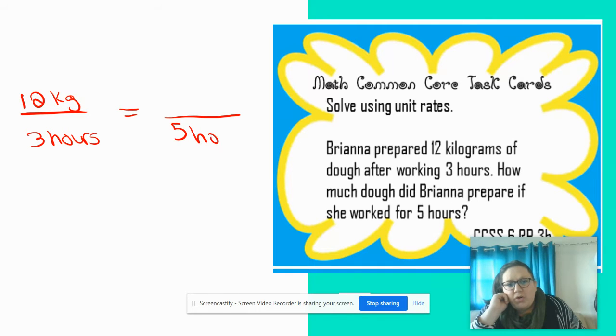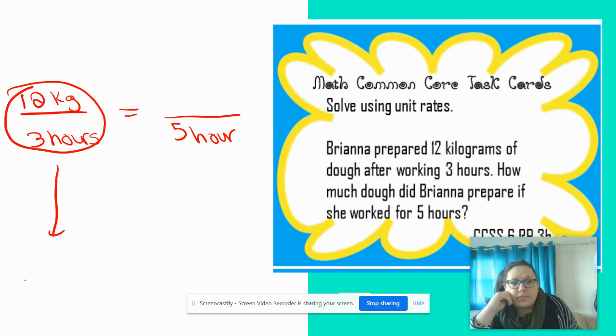I know you're all thinking we can't go from 3 to 5. There's not a whole number that we can easily multiply to go between 3 and 5. So we're going to simplify this rate and find the rate per hour. I'm going to divide both terms by 3 to get to per hour.